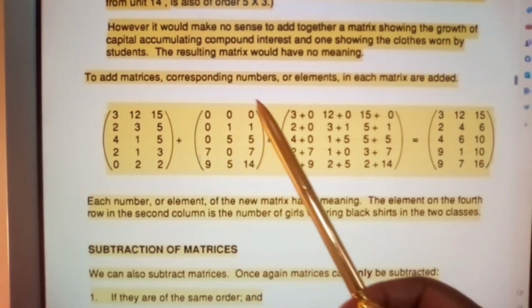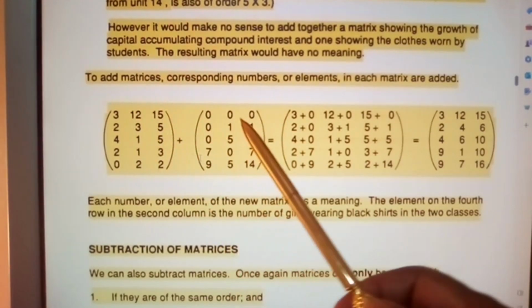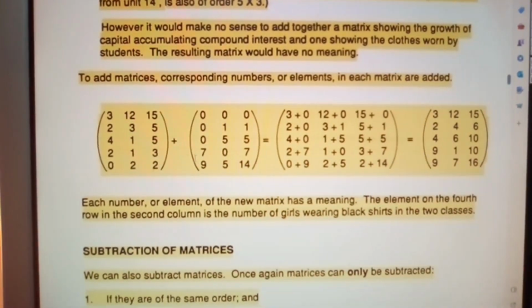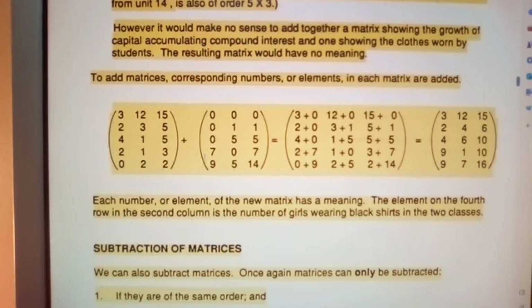Three plus naught, 12 plus naught. Let me show you how this is done. Okay, in this case, as to what they've done here.